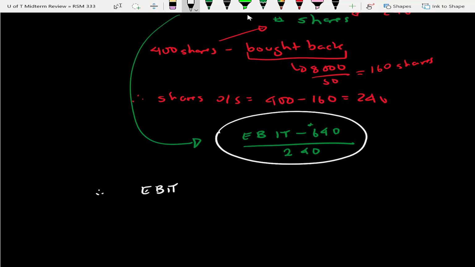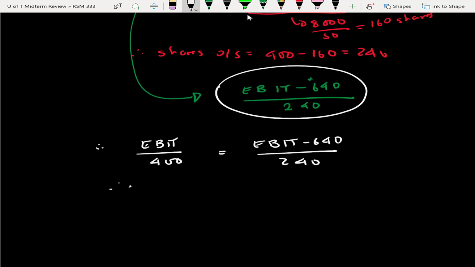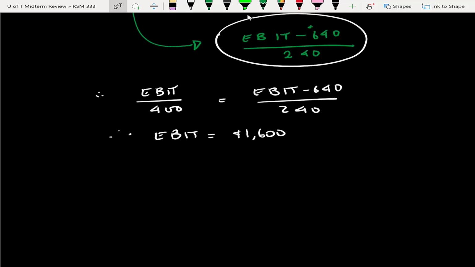EBIT over 400 has to equal EBIT minus 640 over 240. And then if we cross multiply and solve for that, essentially I will come up with a break-even EBIT of $1,600.